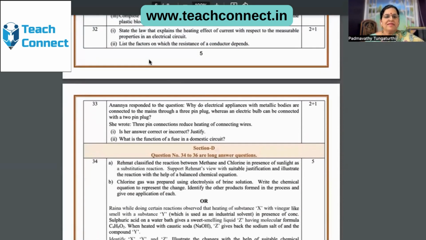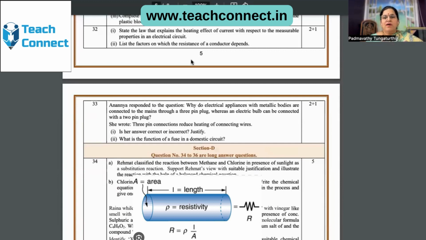Then, list the factors on which the resistance of a conductor depends. When we have read the resistance laws, we know that resistance is directly proportional to the length of the conductor. Resistance is inversely related to the area of cross-section.